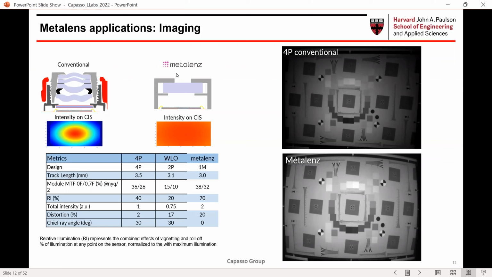With metalenses, you can do the work of 3 or 4 lenses with just one lens and an actual aperture, and you can make the optics so-called telecentric. So as you move out toward the edge of the field, the intensity remains much more uniform. Now you will notice some distortion here simply because the distortion is not intentionally being corrected. Normally that's done by software. But other than that, this is a very promising comparison.